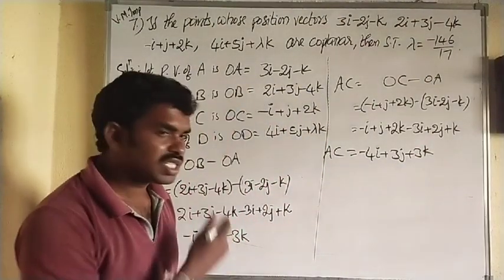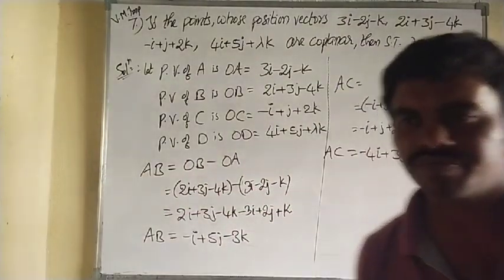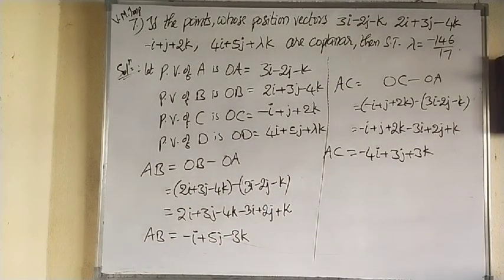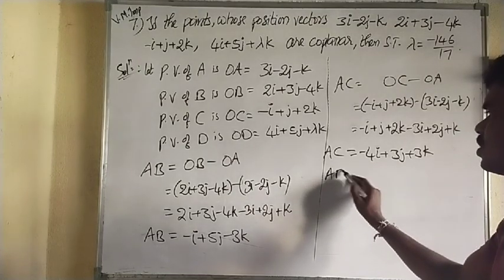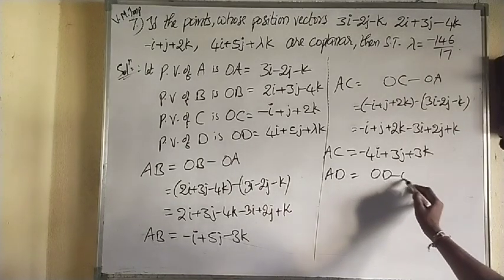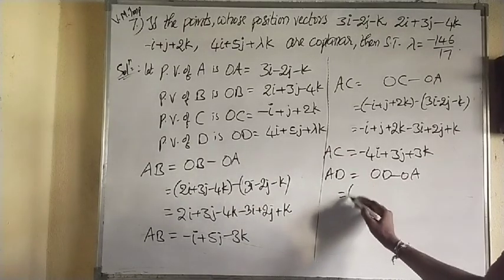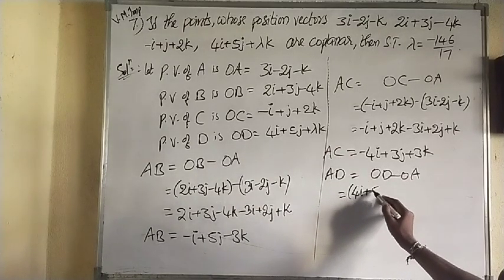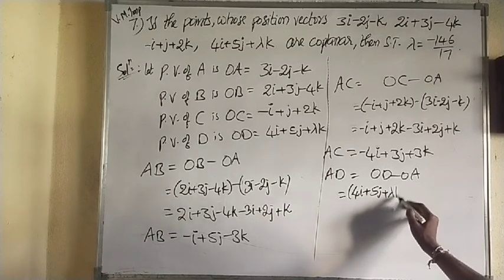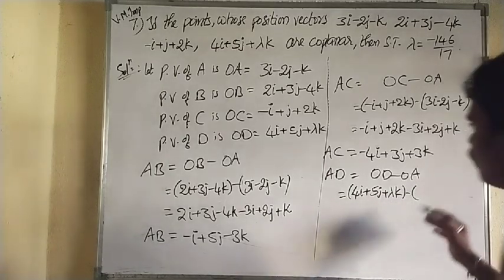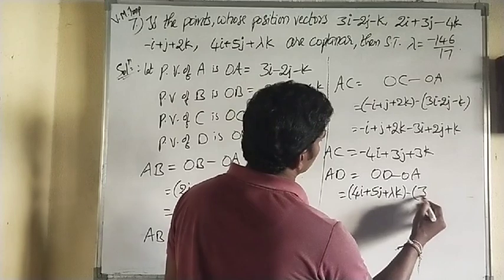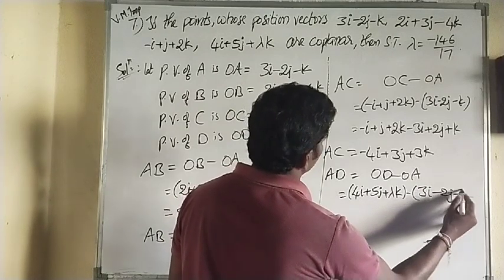Once again check it. Any doubt? Okay, everything is right. Next to AD. AD means OD minus OA. OD is the position vector of D, that is 4i plus 5j plus lambda k, minus OA, and OA is 3i minus 2j minus k.